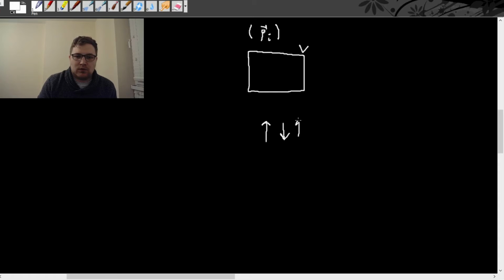So maybe we do up, up, down, or something like this. But this is an example of a system that has a finite number of microstates. In fact, if we have N spins, then we have 2^N potential microstates, or ways that the system can configure itself.